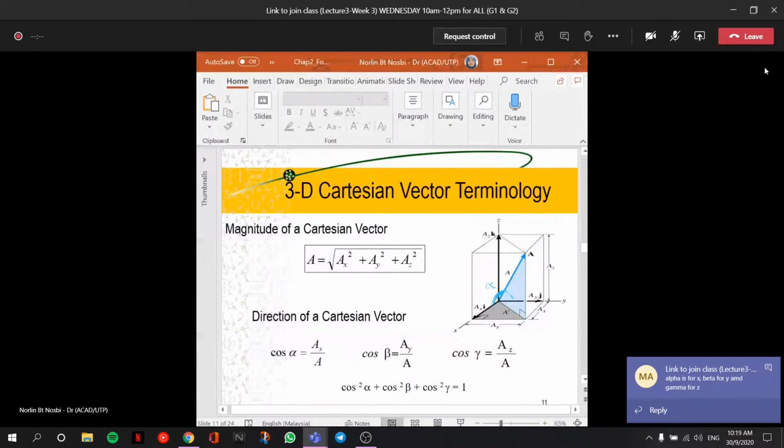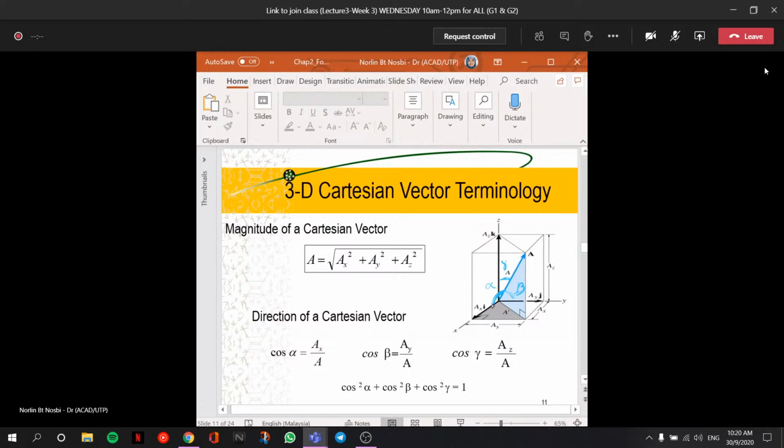And then gamma is from the z axis until the vector A, because we are in a 3D system, so that's why there are three angles or three directions.